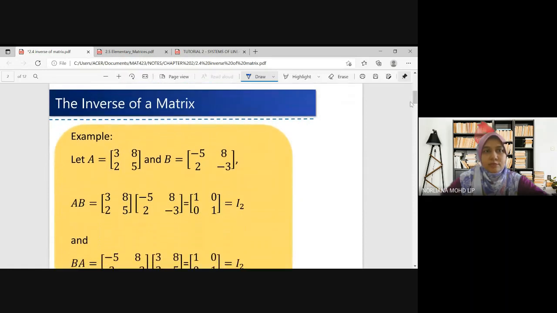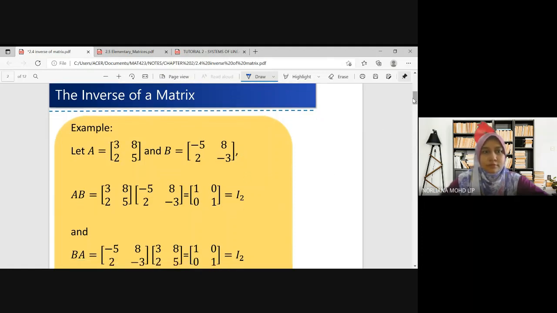Look at this example. Let A be a matrix of size 2 by 2 and B is also a square matrix of size 2 by 2. If we multiply A times B, you know how to multiply. 3 times negative 5 plus 8 times 2, we get 1.